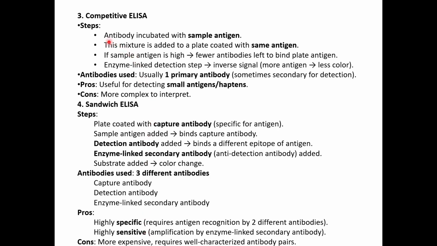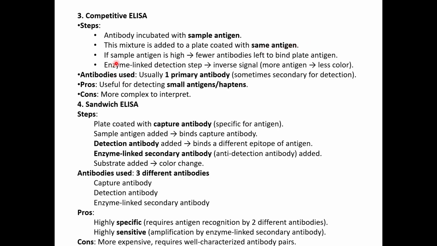Then competitive ELISA. Competitive ELISA is where you have an antibody that is incubated with the sample antigen, and then this mixture is added to a plate coated with the same antigen again. So you have your antibody with your antigen, then this mixture is added to a plate which is having the same antigen.